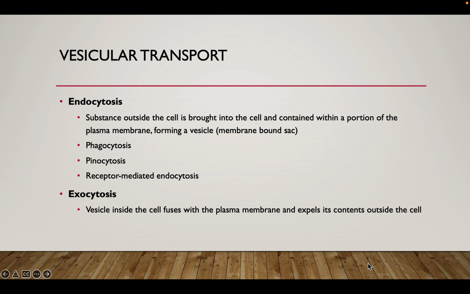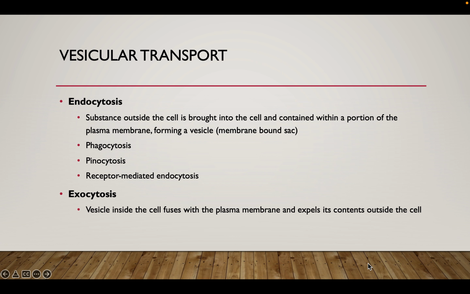So endocytosis is the general process of bringing something into the cell. So the steps are you have a packaged something out of the cell, or you just have something free. It can then sometimes bind to a receptor, or it doesn't necessarily have to bind to a receptor. It can just be brought in.